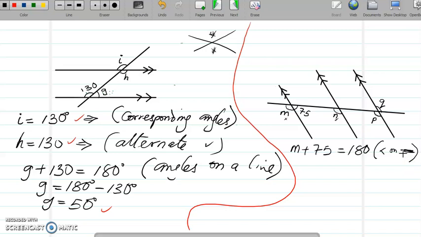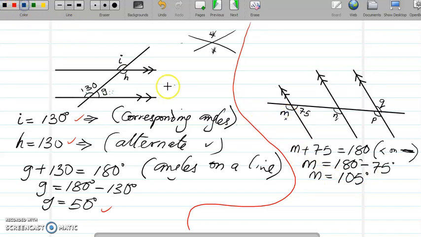So at that point we have that M gives us 180 minus 75 degrees. So M is equal to what? Check. 180 minus 75 gives us what? That gives us 105 degrees. So M is 105 degrees.